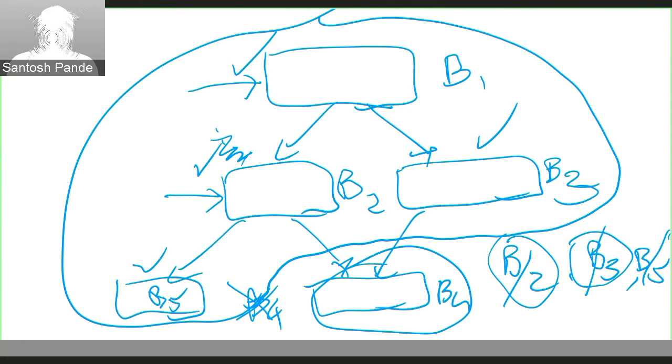So we'll have two EBBs. One is this, and second is just B4. But in general, we could have some successor of B4, which is again a unique successor, and so on. And so we'll find yet another structure. And so the union of all these different EBBs is what we'll get as our original CFG.